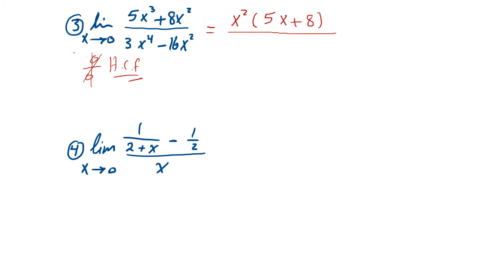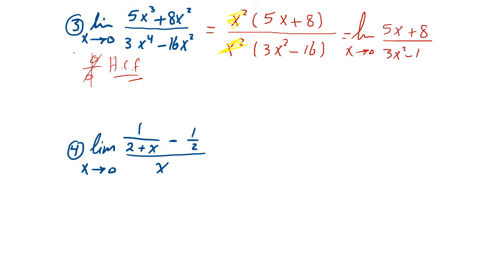And the highest common factor down is x squared, and the remainder is 3x minus 16. By cancelling x squared with x squared, the limit as x tends to 0 of (5x plus 8) over (3x minus 16).